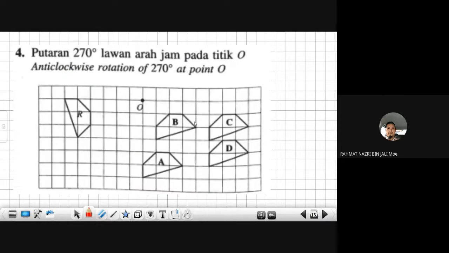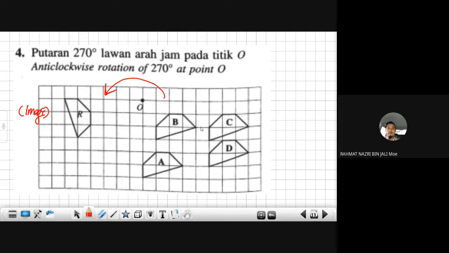Okay, next one. Anti-clockwise rotation of 270 at point O. Okay, remember this is the image. And this one is anti-clockwise. This is the center. So the object on the right here will rotate like this. So this is image.